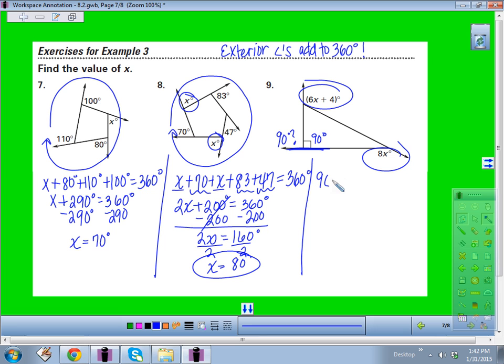So now we can go straight to solving for x. 90 plus the other angle, 8x, plus 6x plus 4 equals 360. Combine any like terms that you see. 90 plus the positive 4, 8x plus 6x gives me 14x.